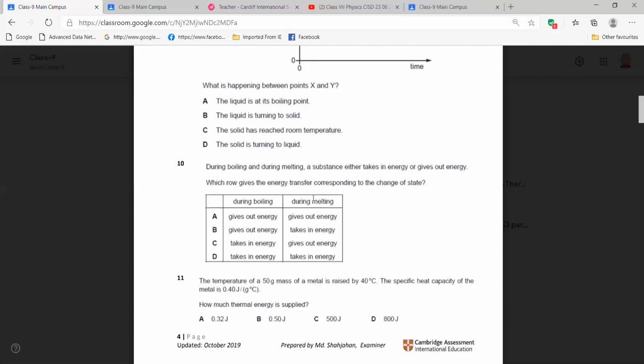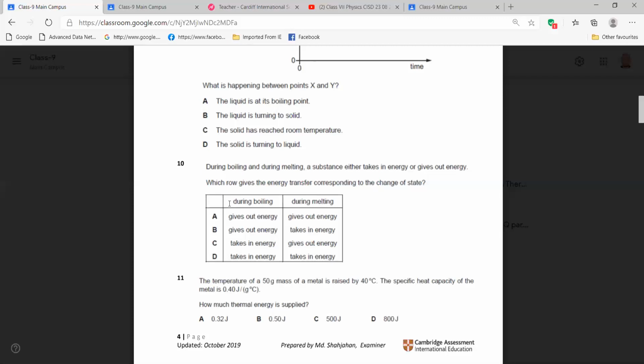So we are giving heat. That's why it takes in energy. It's not giving out energy. It takes in energy. Is it clear? During melting, and during boiling also, we are giving heat.